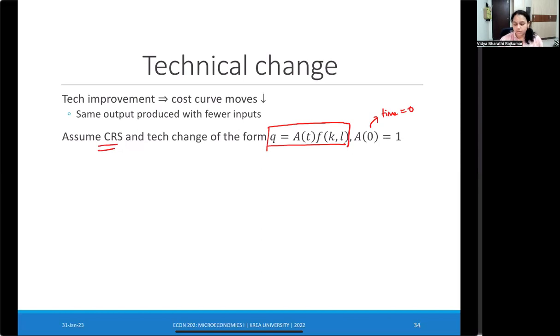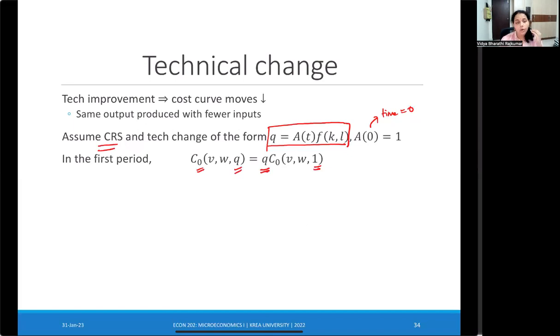In this scenario, let's see what happens in time period 0. At time period 0, if I want to produce Q units of output, because the function follows constant returns to scale, the cost of producing Q units of output is just going to be Q times the cost of producing one unit. So this is the scenario in time 0.